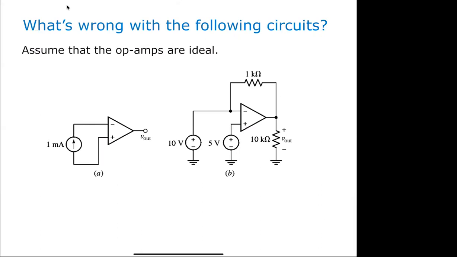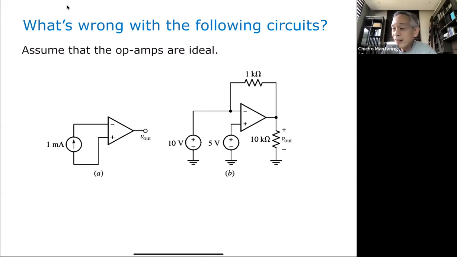Sir, try lang. Siguro po yung input voltages are not equal. That's right. Sa circuit B, there's supposed to be a virtual short between your negative and positive, and therefore dapat equal yung V minus at saka V plus. Pero dito, ang V minus is 10 volts, ang V plus is equal to 5 volts.